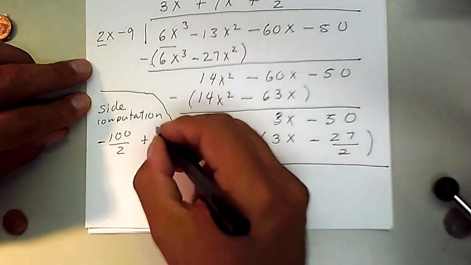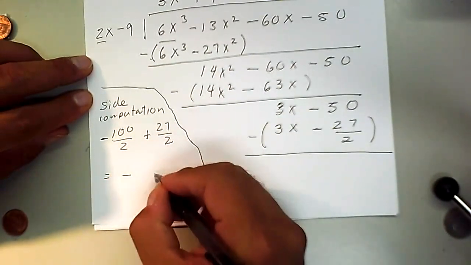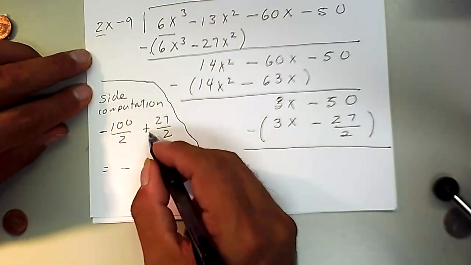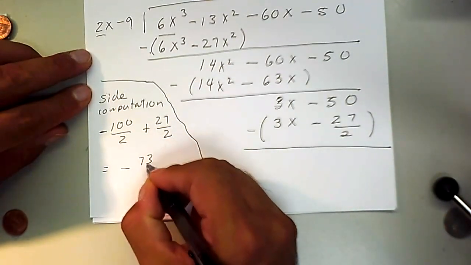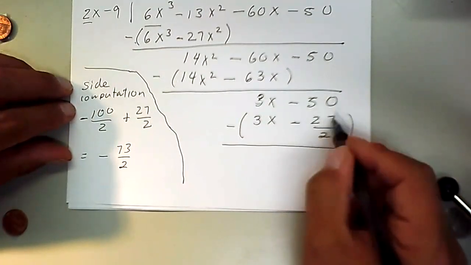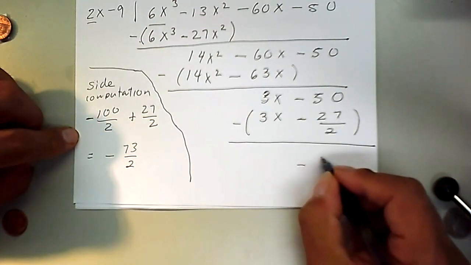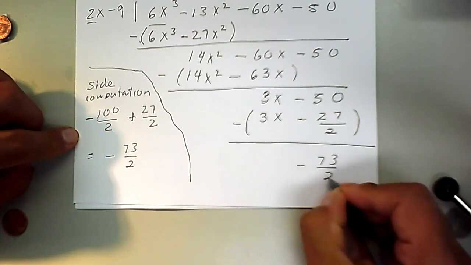Plus 27 over 2. And of course, that is going to give us a negative number, 73 over 2. So instead of trying to do this here, I just did it on the side. And so this should be negative 73 over 2.